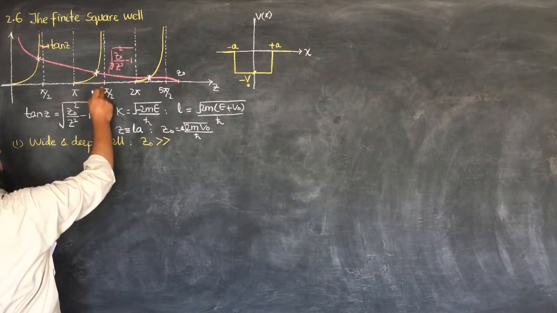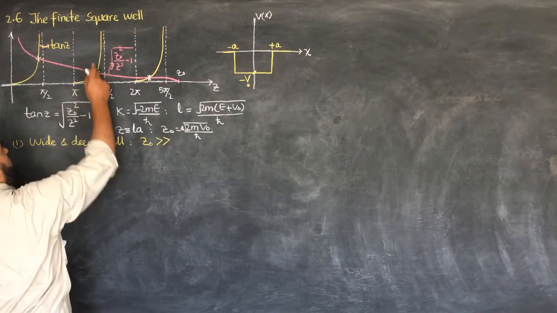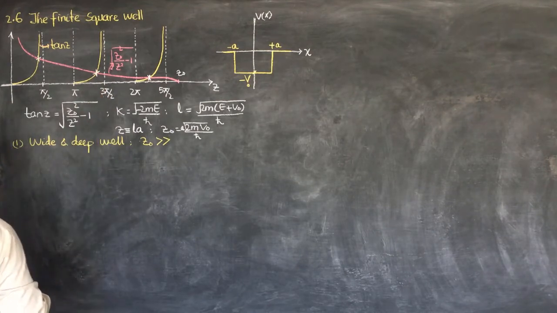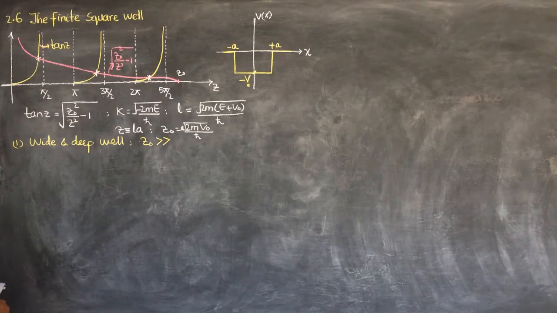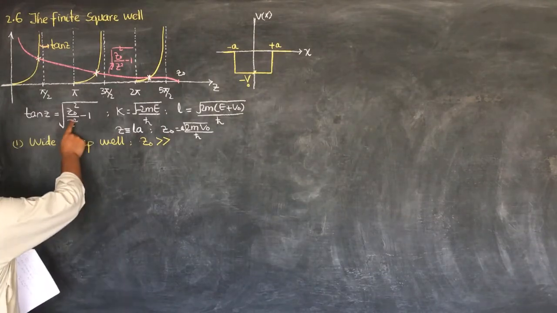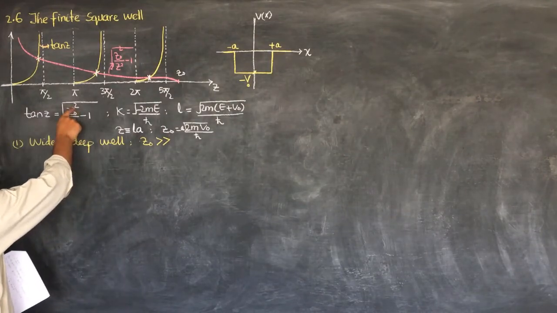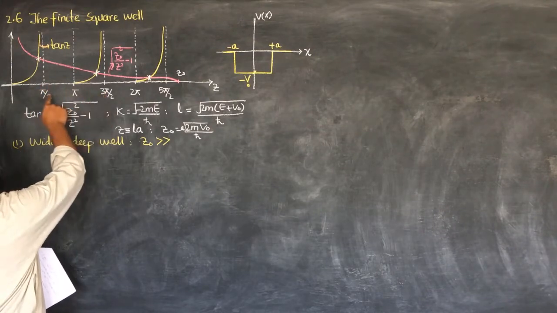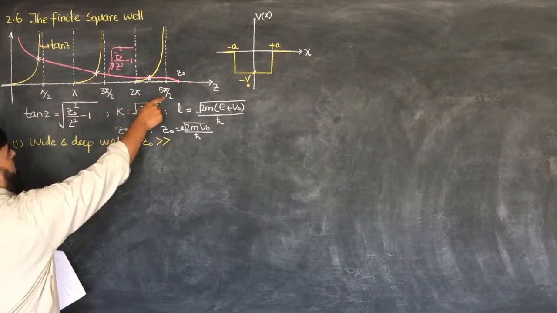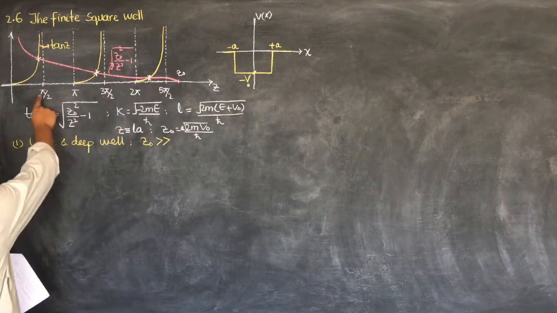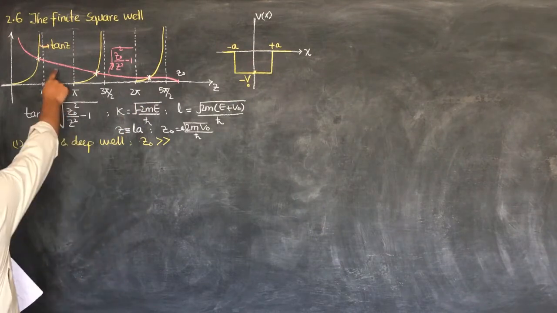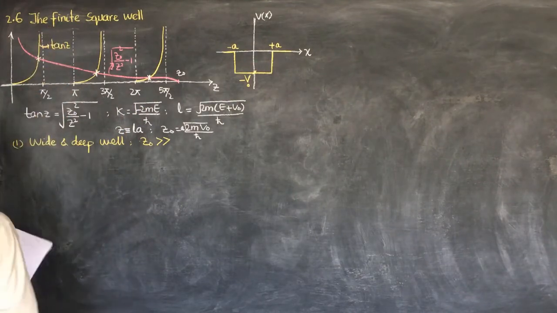Similarly, we will have it very close to 3 pi by 2 and so on. So I can write that in this situation, when z naught will be very greater, our solution will come very close to the pi by 2 multiple here. And this multiple will be the odd multiple. The pink line will rise up.